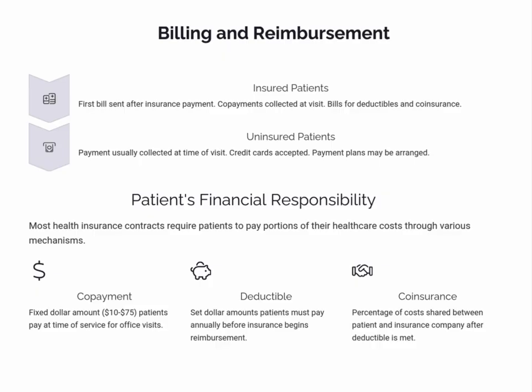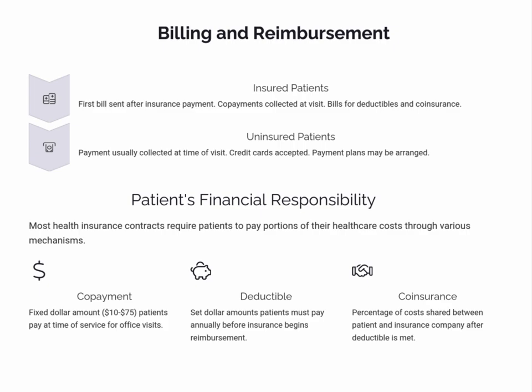For billing and reimbursement, for insured patients, you send that claim over to the insurance company first. And then once you get that remittance advice back, then you bill the patient. For uninsured patients, however, if they did not have insurance, typically payment is collected at the time of visit.